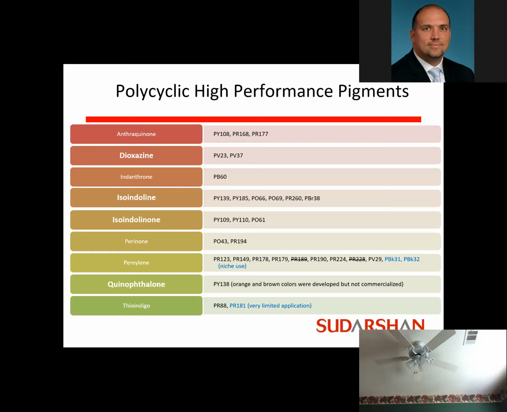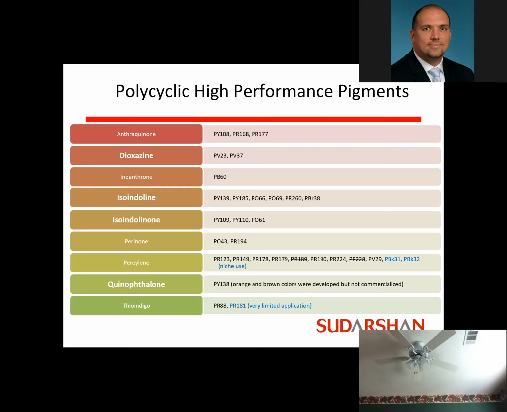The quinophthalone is the pigment yellow 138. You might see some references in the literature to orange and brown colors. These have been developed as assigned color indexes, but none of these have been commercialized to the extent of other pigments. The thioindigo is also a very small class of pigments.